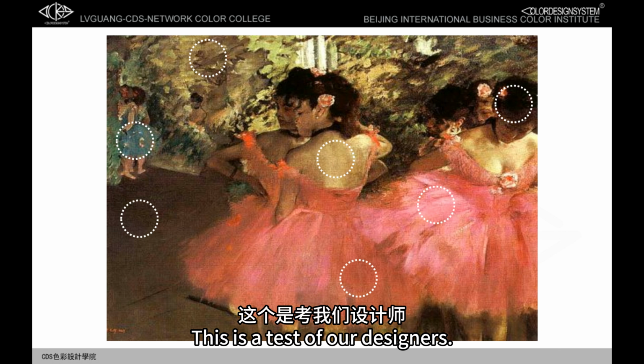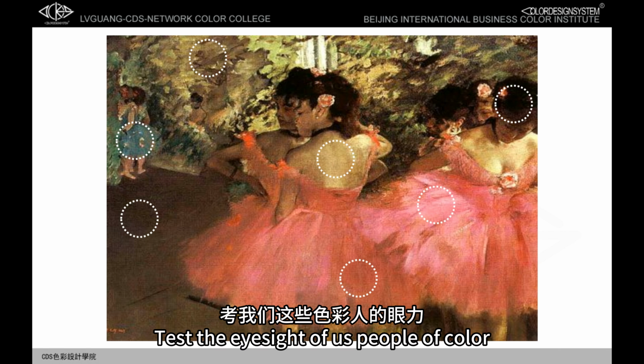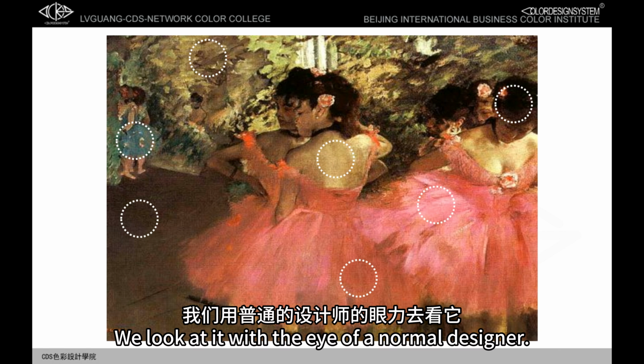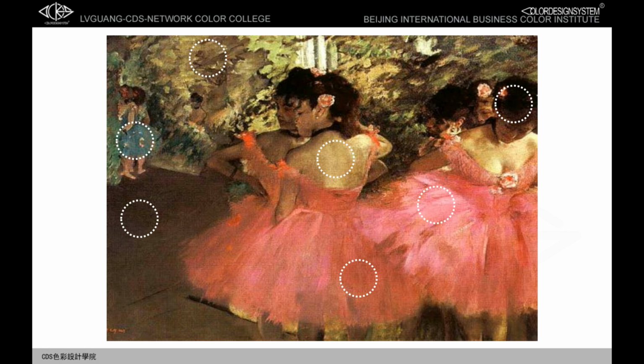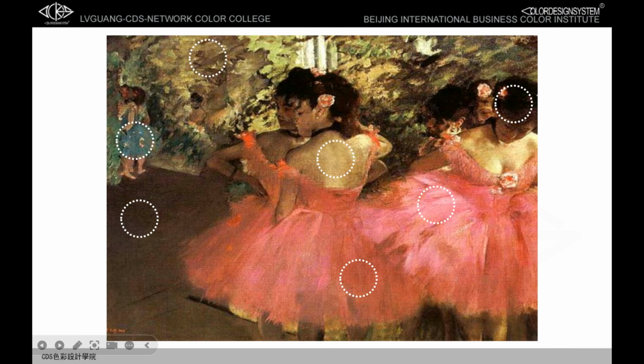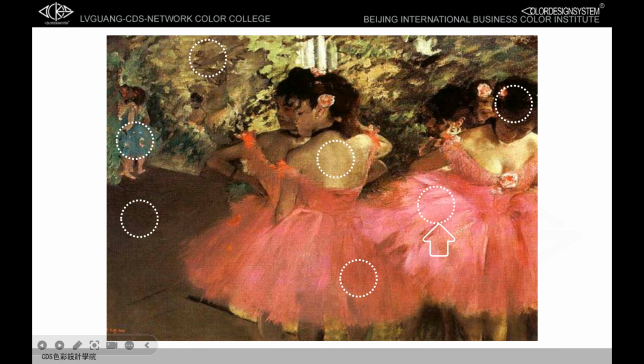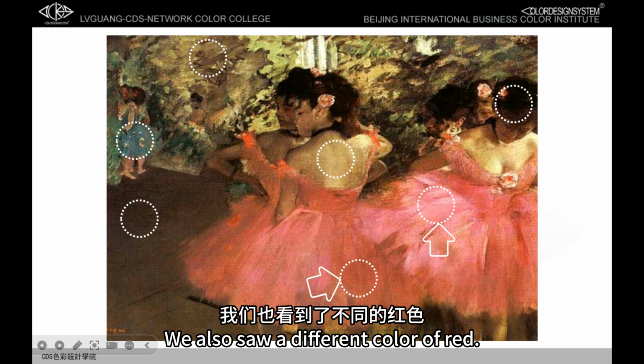This is a test of our designers, a test of the eyesight of us people of color. We look at it with the eye of a normal designer and record what we see at first sight. Let's say we see the dancer's red dress. We also see a different color of red.